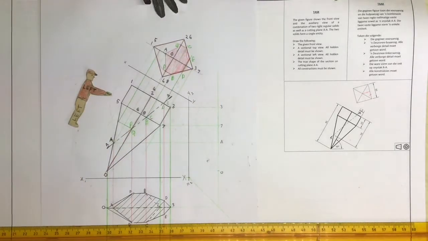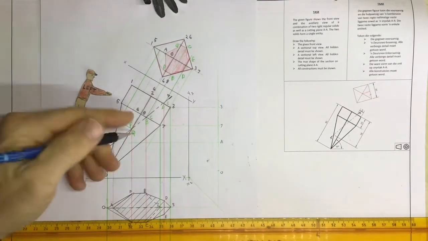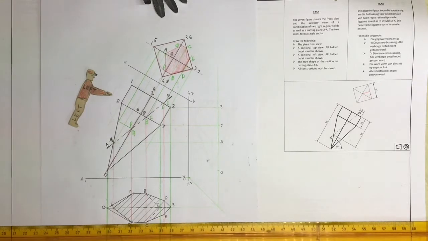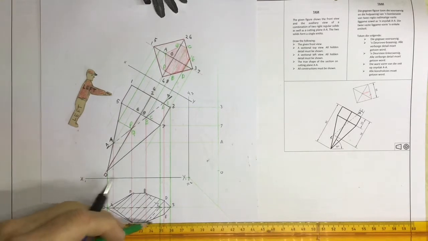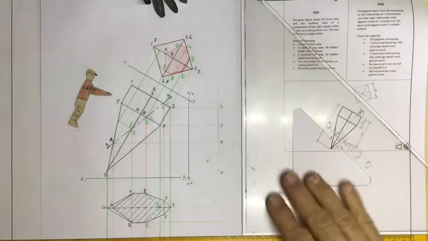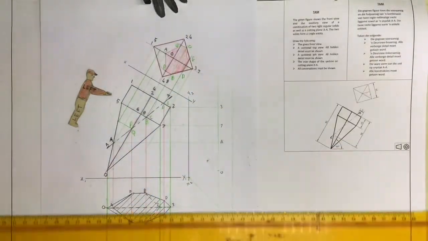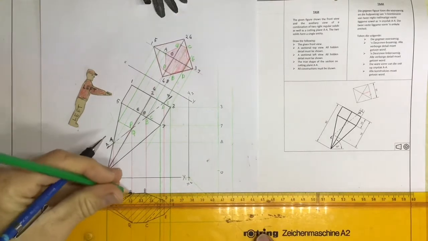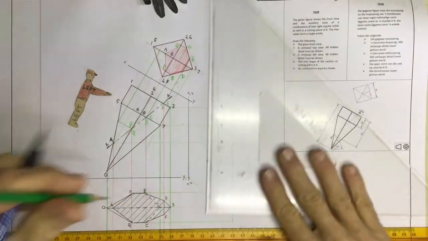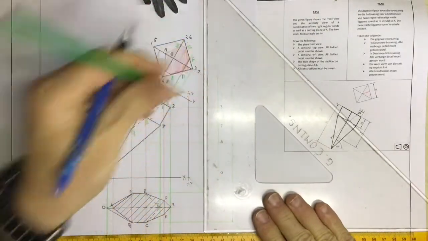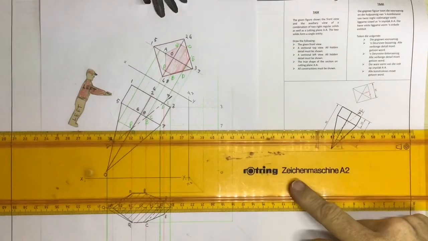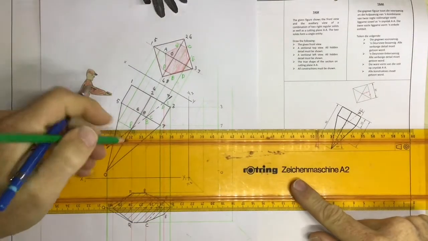Right, once I've got those points, let me take P and Q across. Let's find Q over here. Take that across. Take that up. Let's find P over here. Take that across. Take that up. Right, take P and Q across from this view over here.